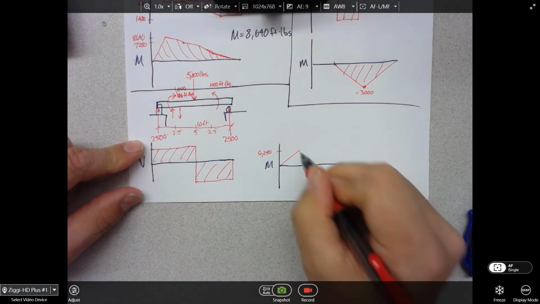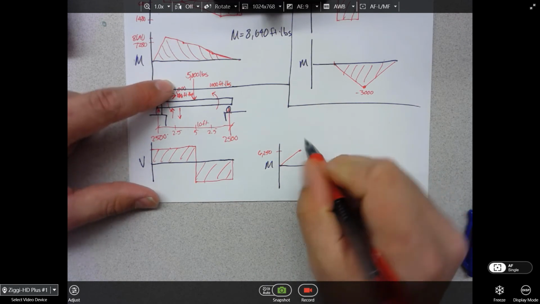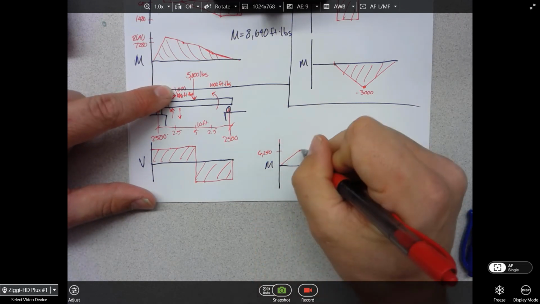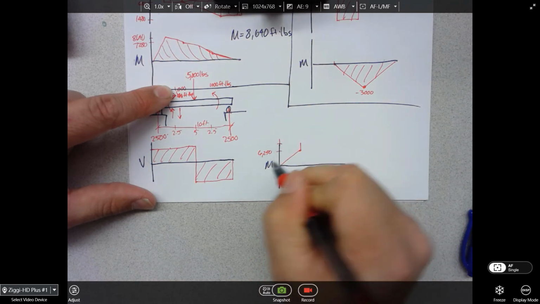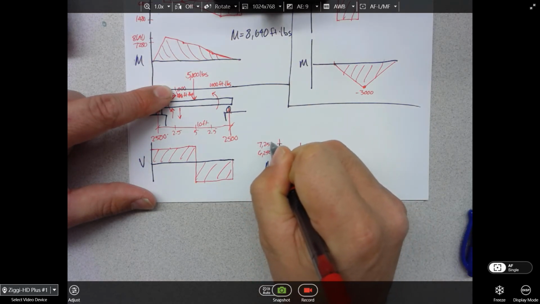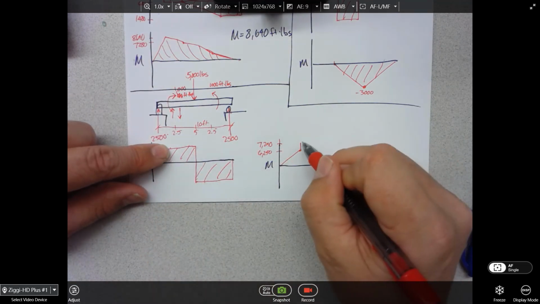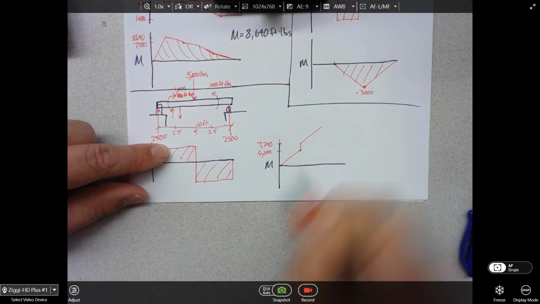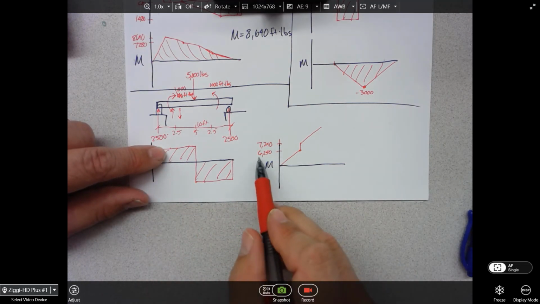Right? Okay. Then I hit a clockwise moment. That causes me to jump up the magnitude of that moment. So I jump straight up. Boom, just like a concentrated load. I jump straight up to 7,250. Then I keep going along my merry little way, which is like this. And the change is going to be another 6,250.